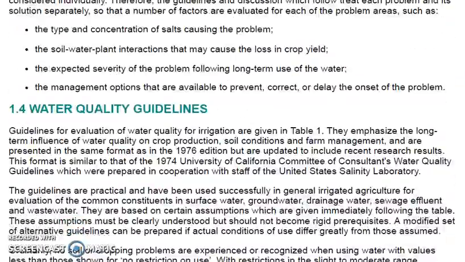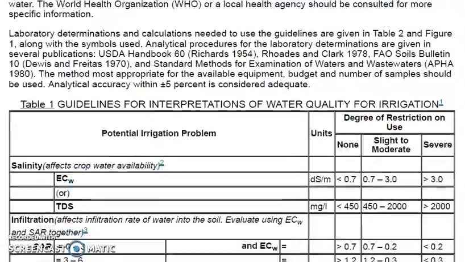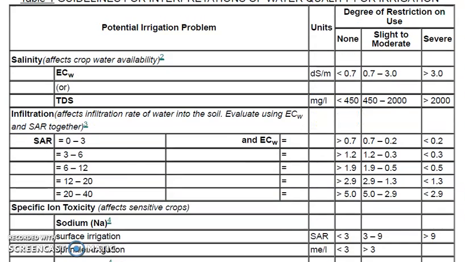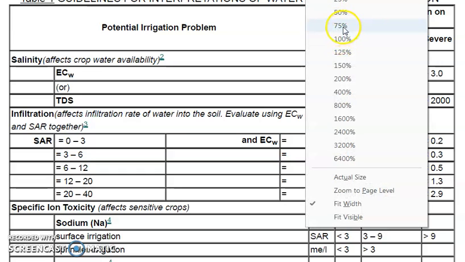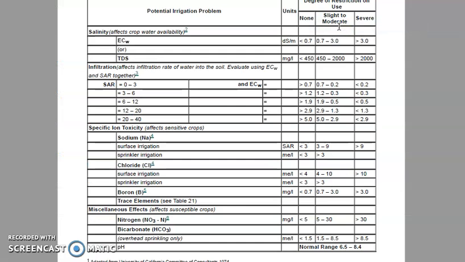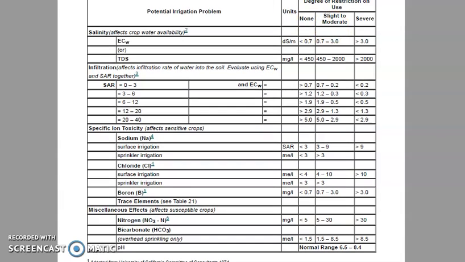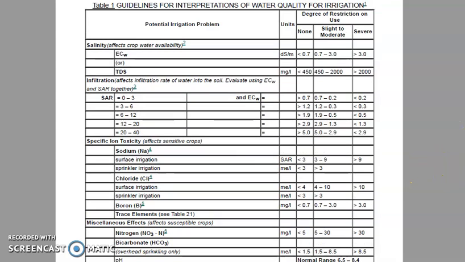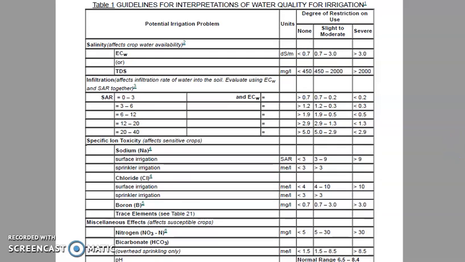Let us now discuss a very important table prepared by FAO to summarize the previous 4 points for the problems discussed.